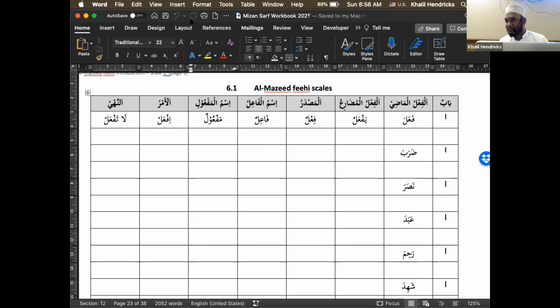Prohibition. It's a don't do. So how do you say don't do for Daraba? La tadrib. So those are the basic headings. Those headings are going to stay in the same format throughout the Mazeedfeehi. So you're all comfortable with those headings or any questions about those headings?